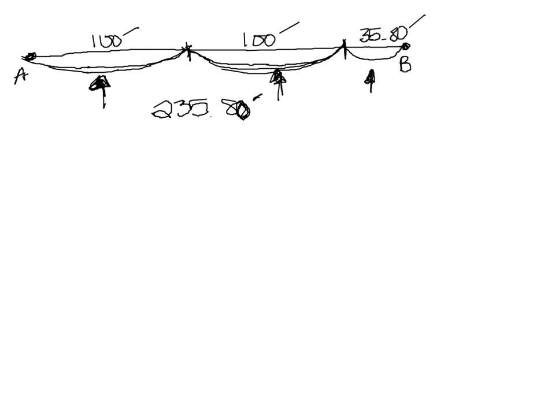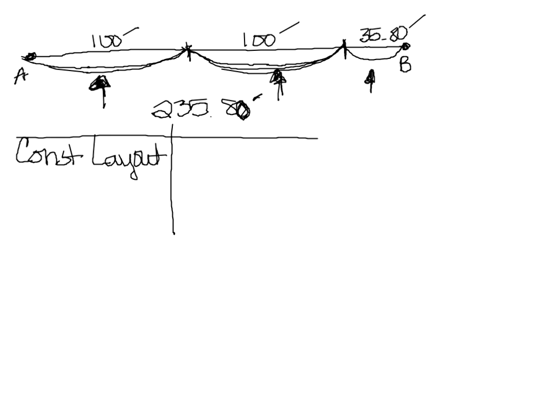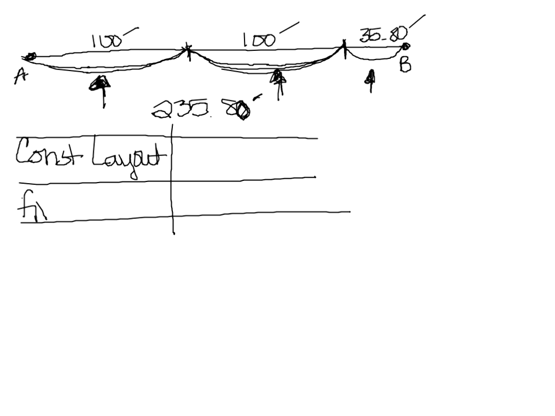Here's where that lovely little chart that's at the bottom of the handout comes into play. So it says for construction layout. Now this chart is not on your exam or on your formula sheet, because this isn't really a formula, this is just one of those helpful little shortcuts.